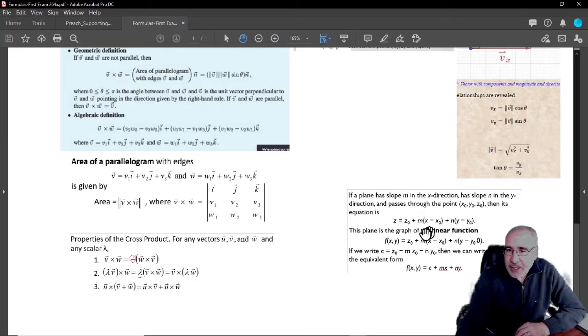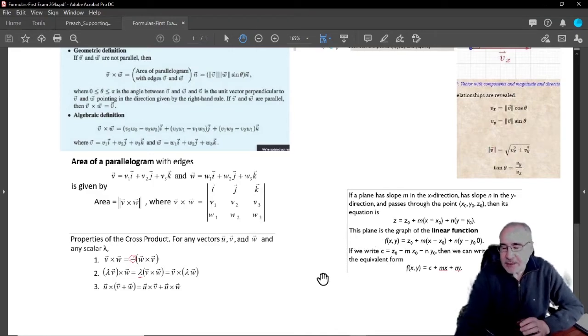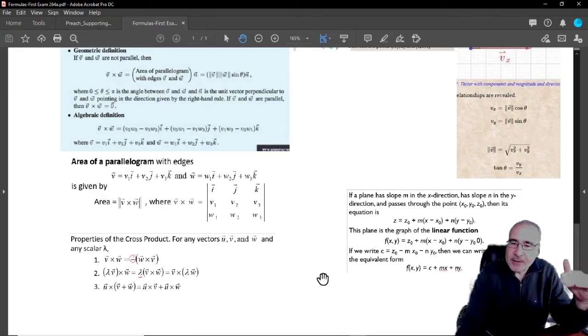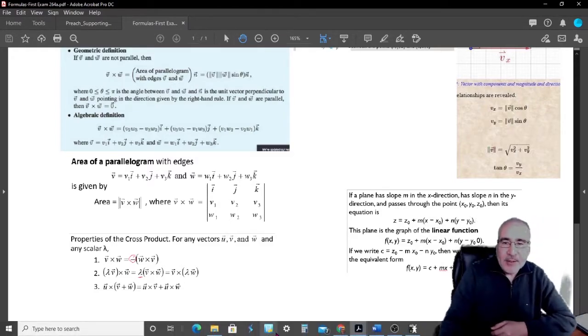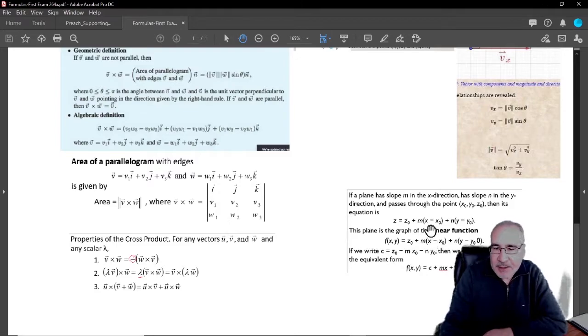I'll show you how my approach is a little different from the text's approach. The text takes 3 points, gets 3 equations, and finds the unknowns. But I'm going to use this point slope formula.